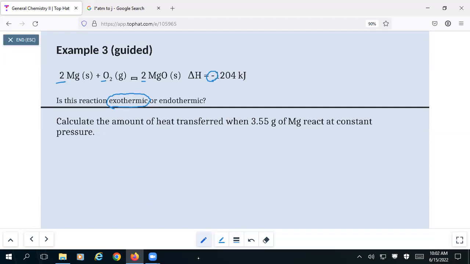So I can just incorporate that into my unit conversions. 3.55 grams of magnesium. There are 24.31 grams in every mole.